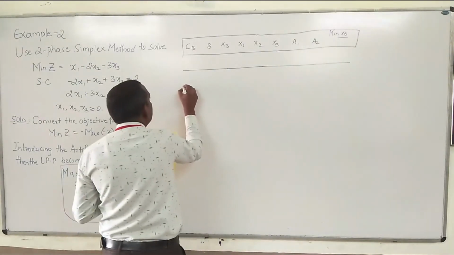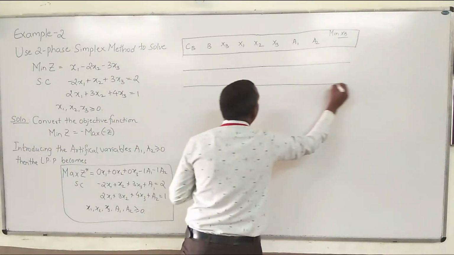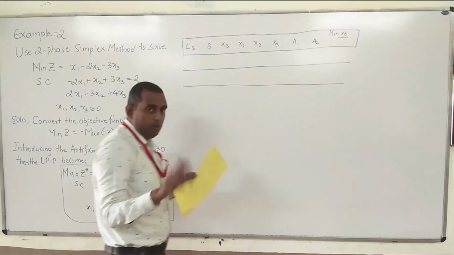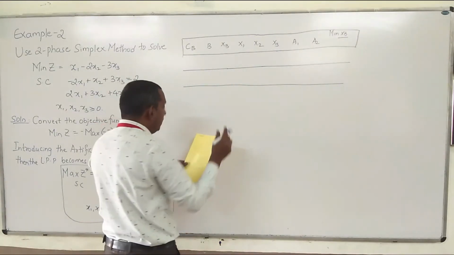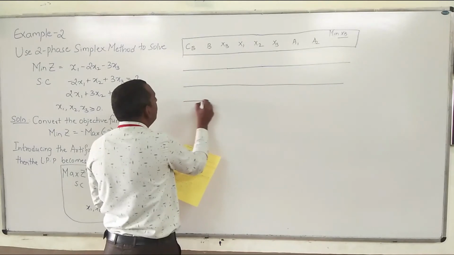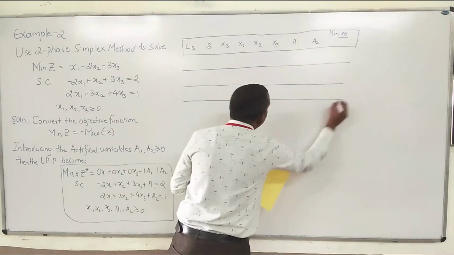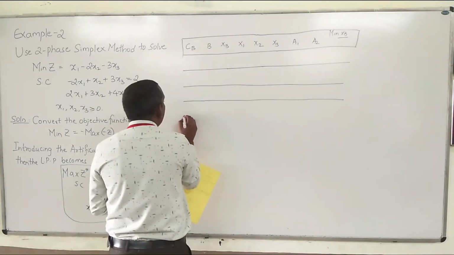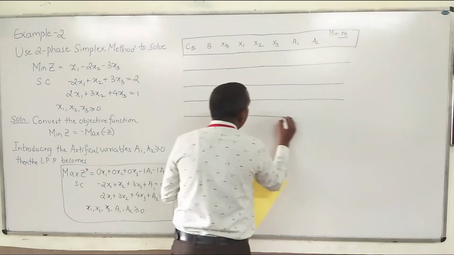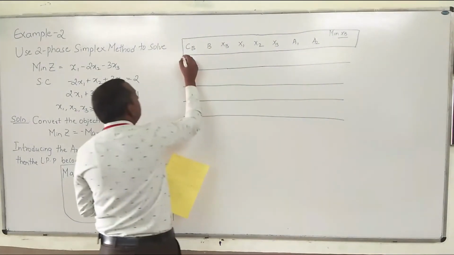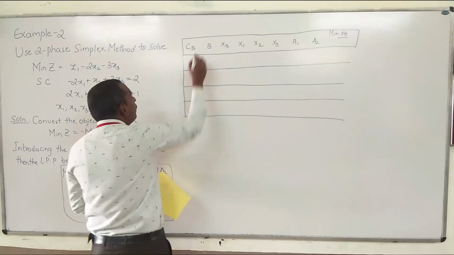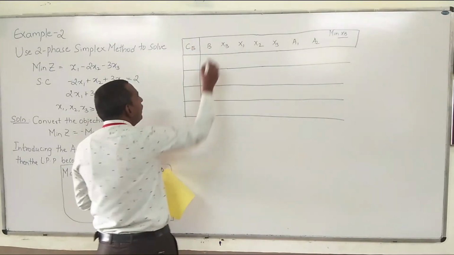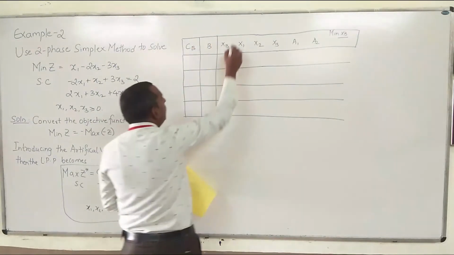Make sure that you convert the given problem to an auxiliary LPP to solve it by the two-phase simplex method. The two-phase simplex method has two phases, phase 1 and phase 2.